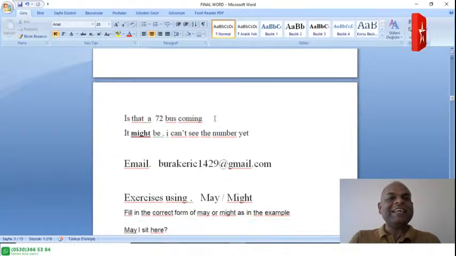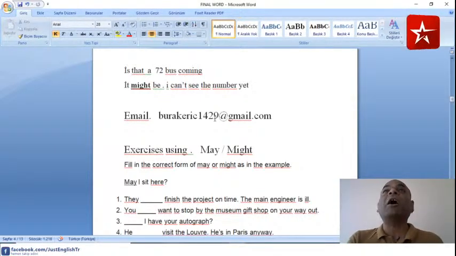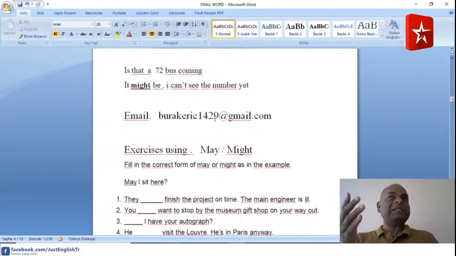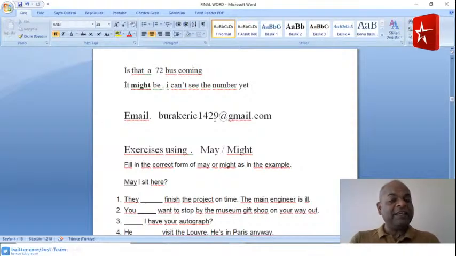All right. Now, next one we got here is, is that a 72 bus coming? For example, I'm not able to see properly, so I can ask a person standing next to me, is that a 72 bus coming? And the person, because the person is not sure, is trying to reply, it might be, I can't see the number yet.